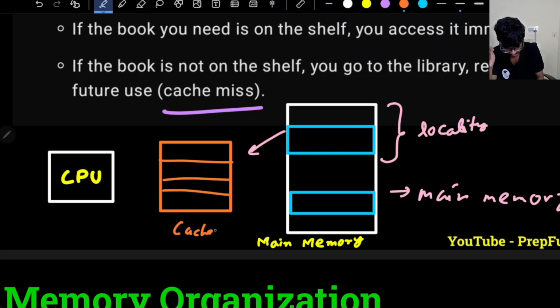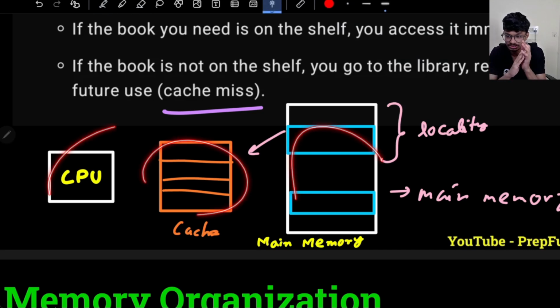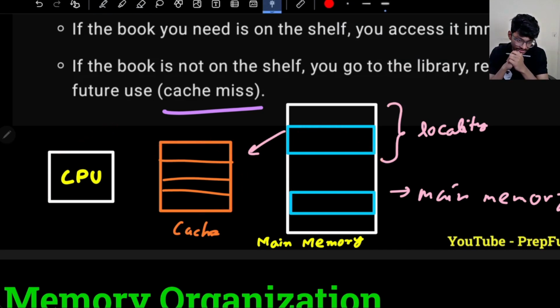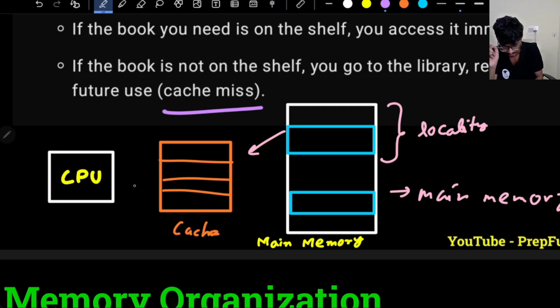So practically what happens is initially everything is empty. If everything is empty, first the CPU will go to the cache memory. I ask the cache memory, cache, do you have the instruction stored in location 1000?